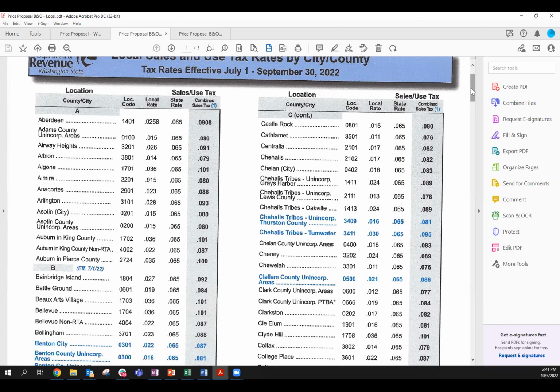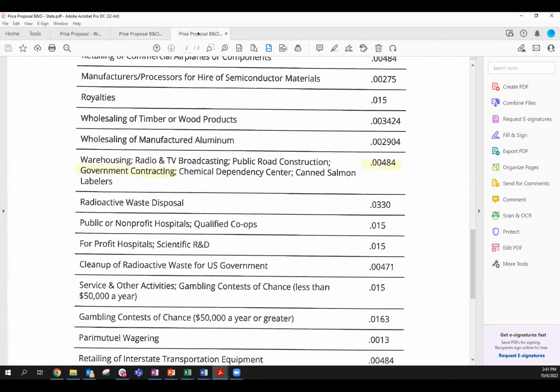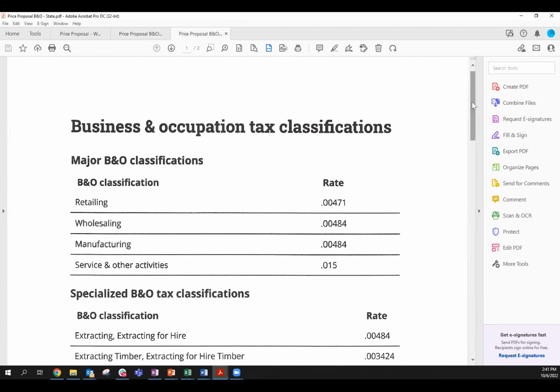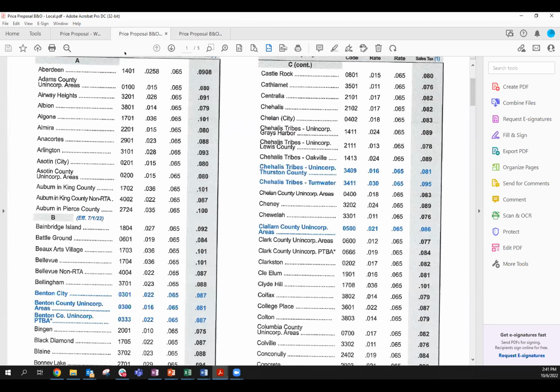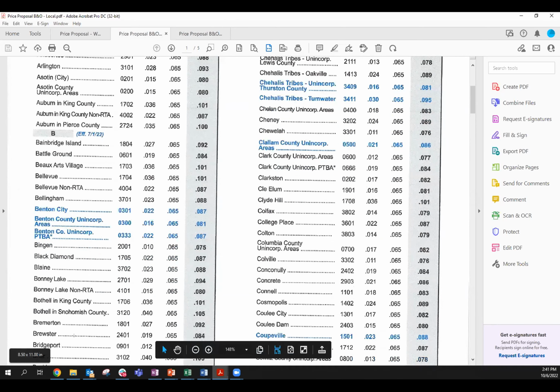Each city, for example, Bremerton, actually their B&O tax rate for wholesaling, which would be construction that doesn't charge tax, is 0.16%. So it's 0.0016. On retailing, it's 0.00125.